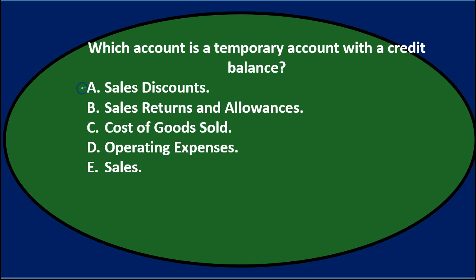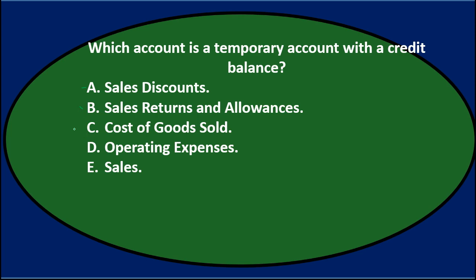So I'm going to keep that for now. B says sales returns and allowances, and again, it's the same thing. It's a temporary account, but I'm not sure if it's a debit or credit because it's got sales in it, so is it revenue or an expense account? So I'm going to come back to that one.